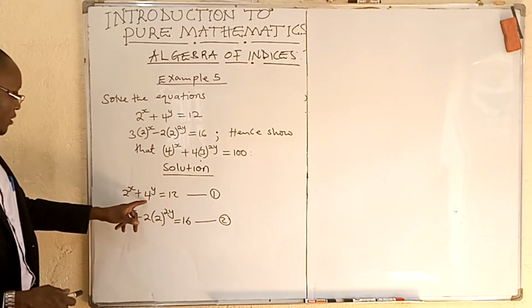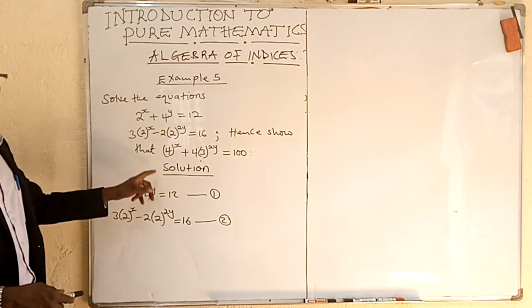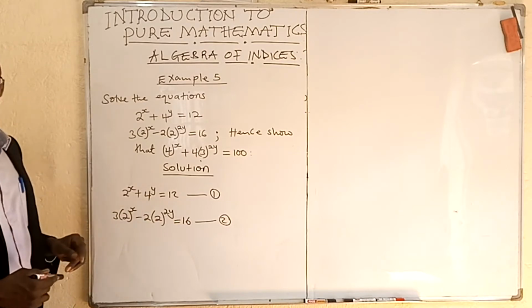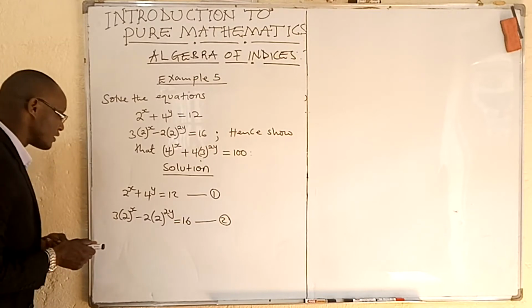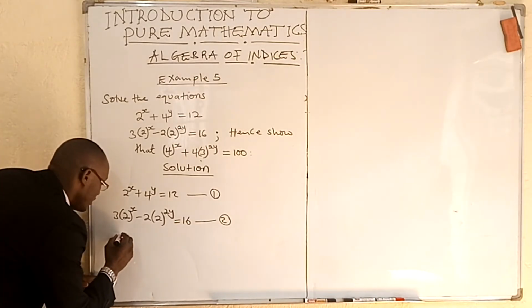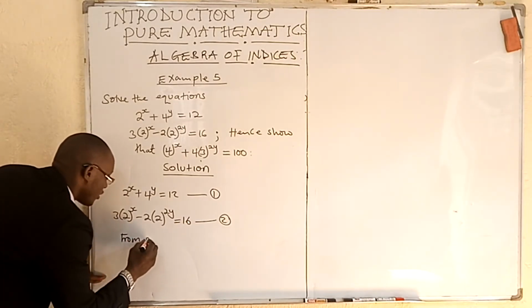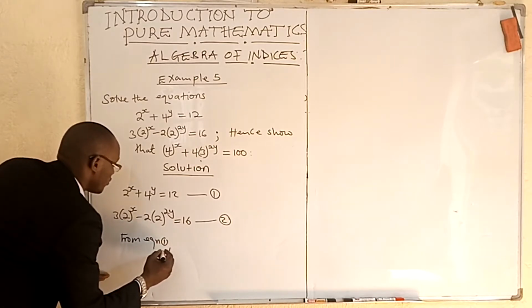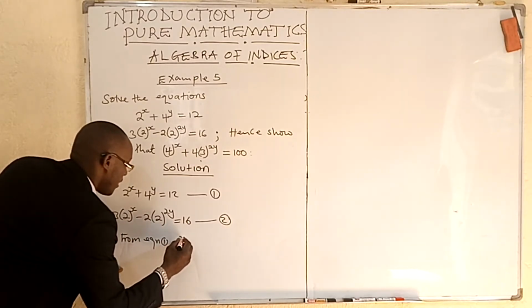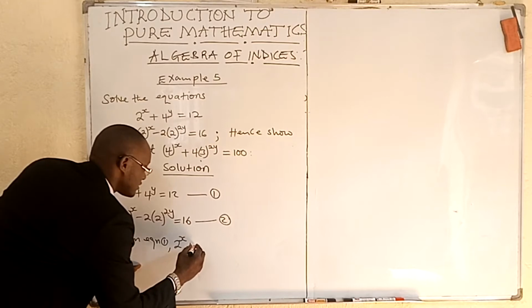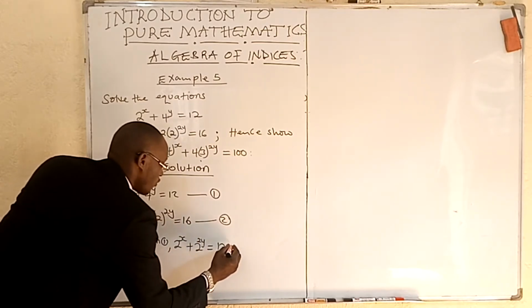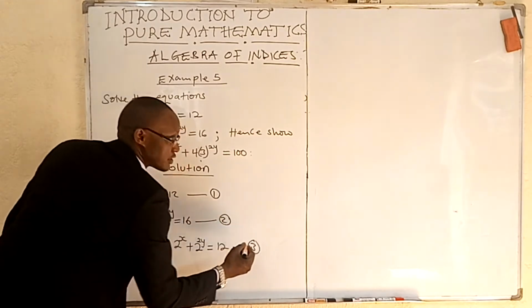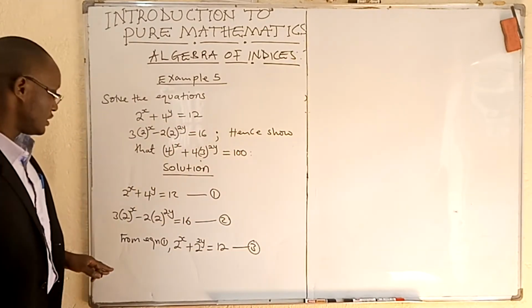That is possible because 4 is the same as 2^2, and the 2 will multiply through by y to give 2^(2y). So from equation 1, we shall have 2^x + 2^(2y) = 12. This is equation 3 now.